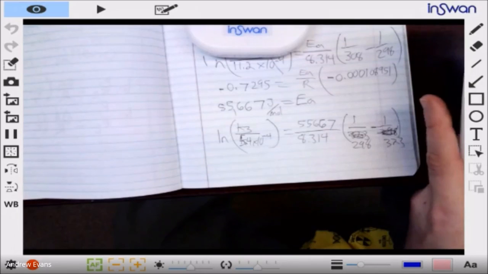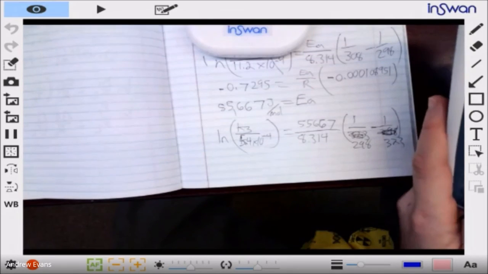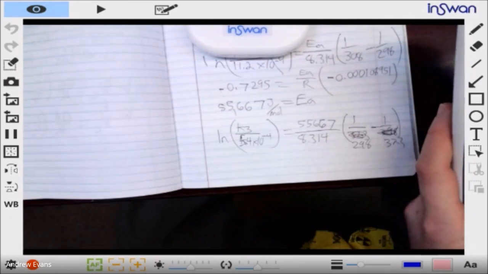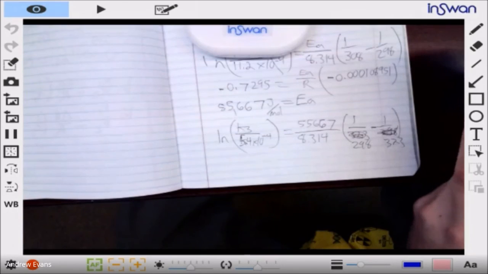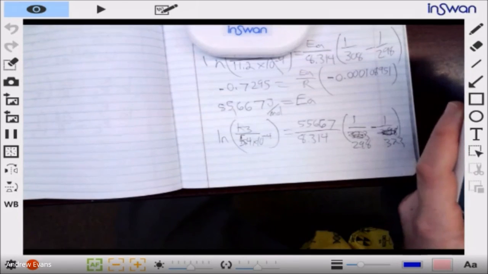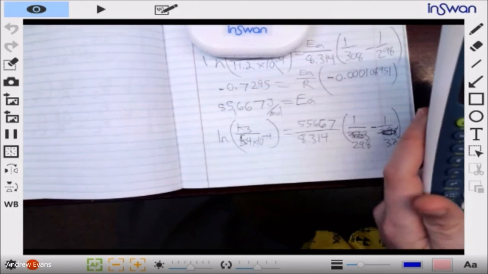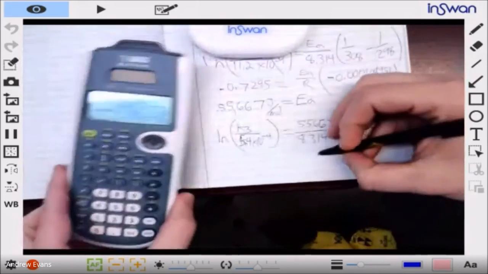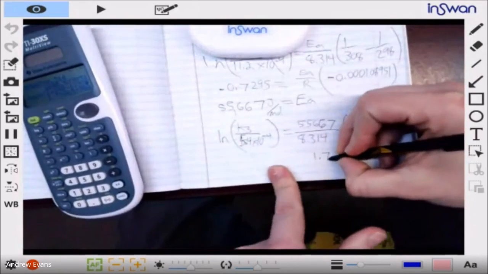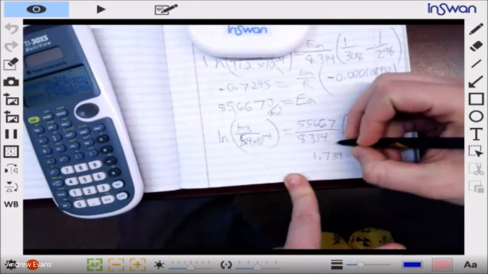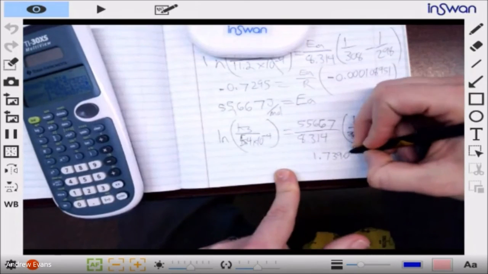So 55667 divided by 8.314 times one over 298 minus one over 323. And that gives us 1.73904.